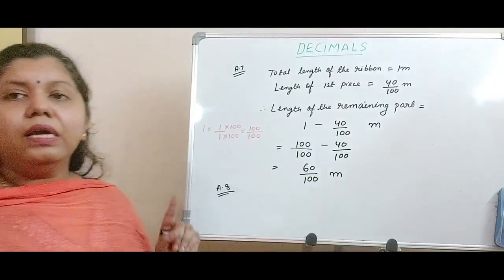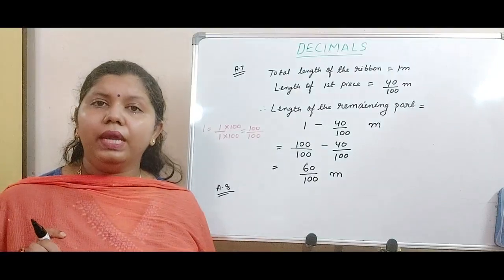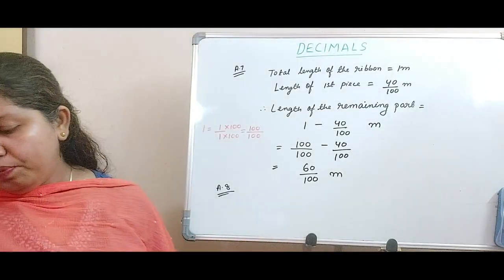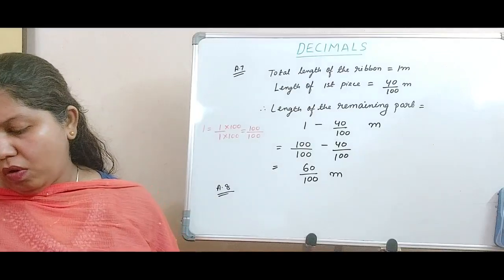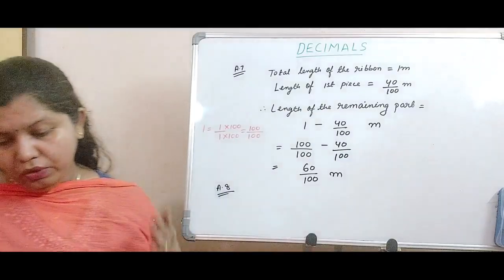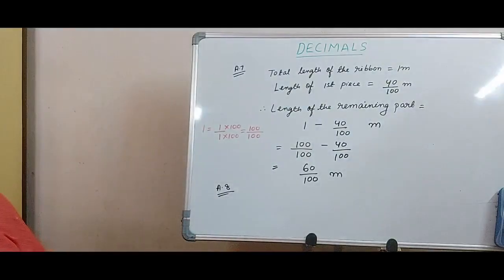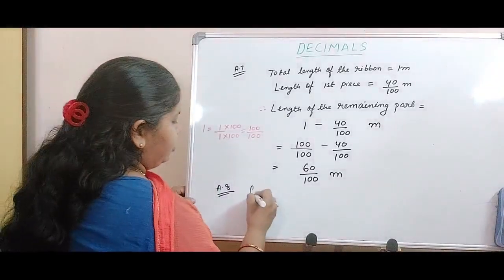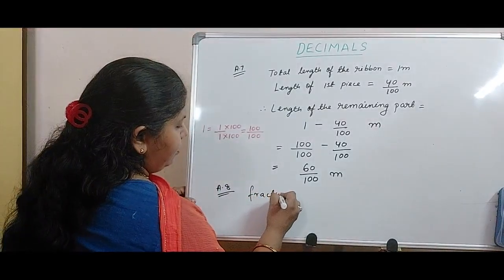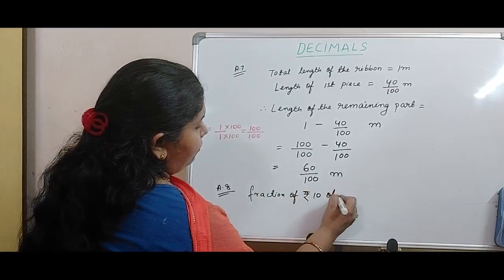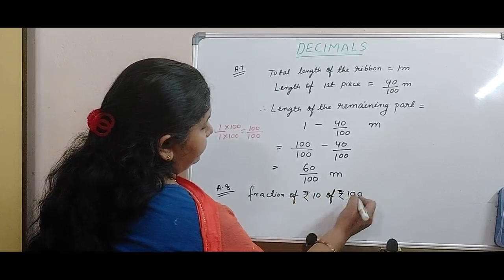Now moving on to the last question, question number 8. The question is, what fraction of rupees 100 is rupees 10? It is trying to tell you to write down the fraction for rupees 10 of rupees 100.